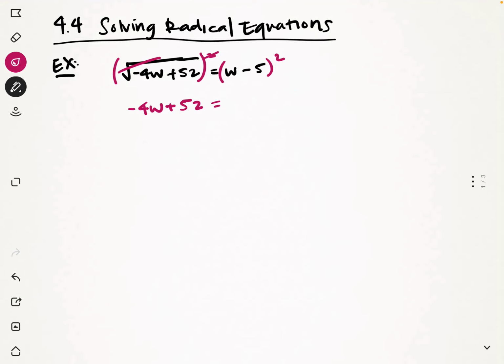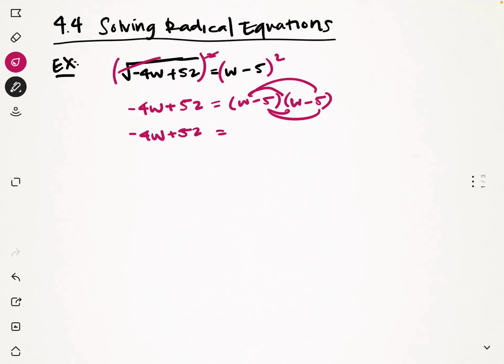Now I'm going to write this w minus 5 squared as w minus 5 times itself, because by definition that's what squared means. And I'm going to do that because the next step we're going to have to distribute out our w minus 5. Alright, so let's go ahead and do that.